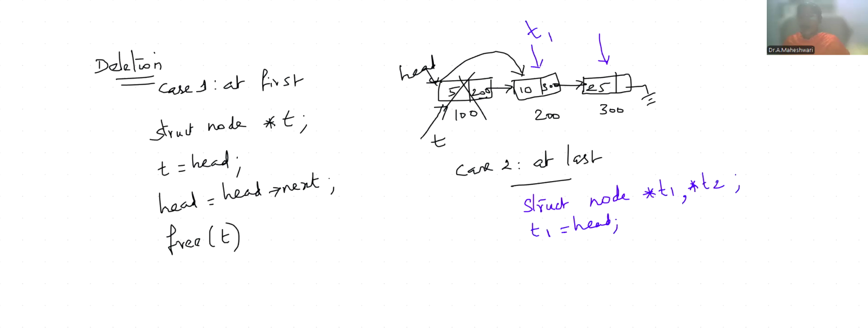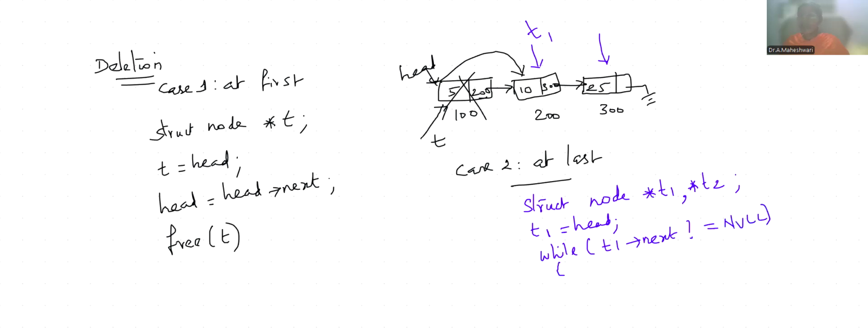So how can I check for the last node? The condition is the same as the insertion, right? How can we check? T1 of next is not equal to null means move the T1 pointer to the next node. Keep on moving to the next node. So one more thing we need, right? If T1 is pointed at the second node, then your T2 pointer should point at the first node.